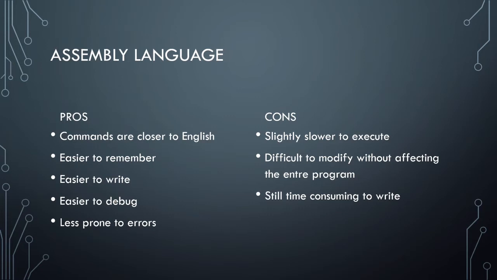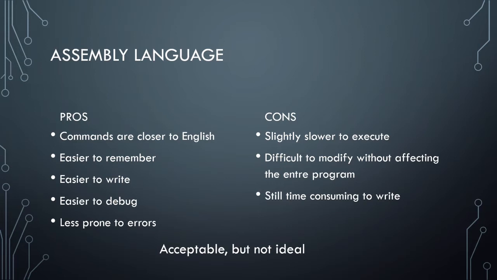There's still a couple cons to assembly language. Because of that assembler that we just talked about, it's slightly slower to execute. Not significantly, but a little bit, because there is that middle step, that translation from assembly language to machine code for the processing system to be able to read it. It can also be difficult to modify assembly language without affecting the entire program.